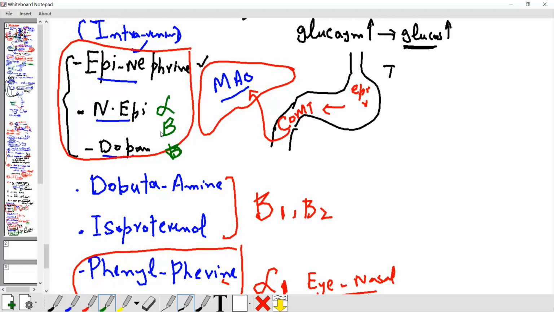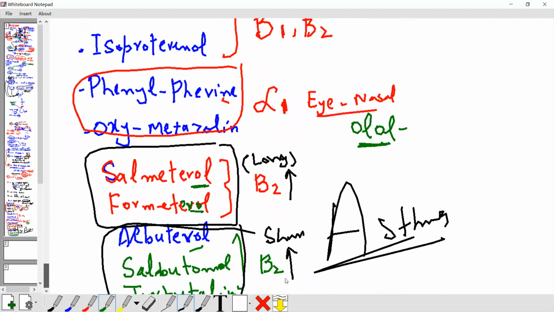They can occupy alpha receptors, beta receptors, dopamine receptors. Just a preference difference. Dopamine first goes for the dopamine receptor, then the alpha receptor, then the beta receptor. Norepinephrine first goes for the alpha receptor, then the beta receptor, then the dopamine receptor. So these drugs can bind with all receptors.